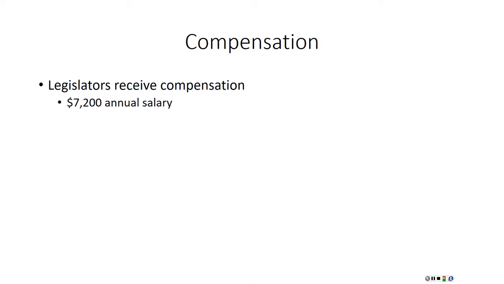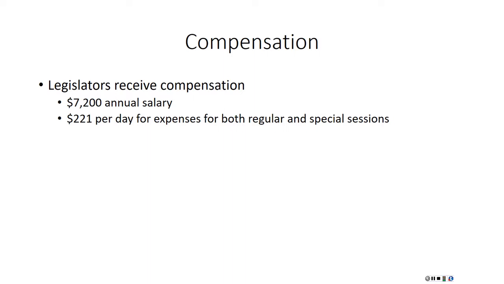Our legislators receive $221 per day for expenses for both the regular and special sessions. So if they are in their regular 140-day session, they get $221 a day for living expenses. So $221 times 140 days is $30,940 for living expenses.